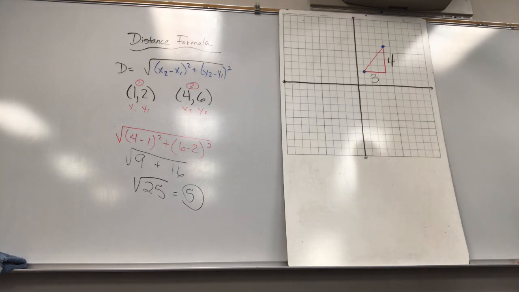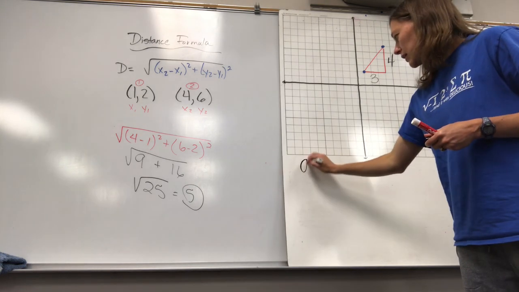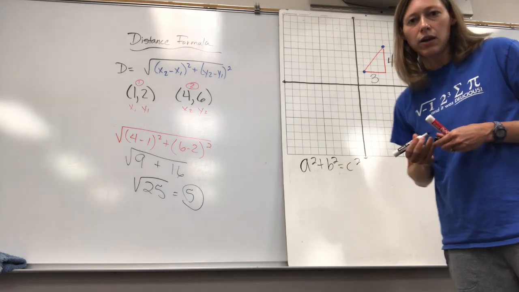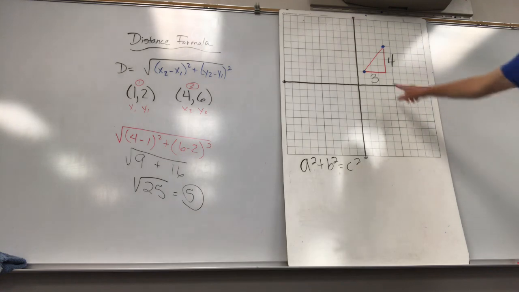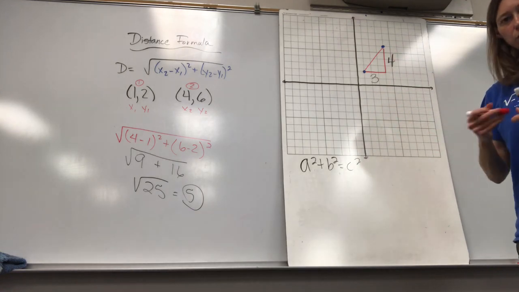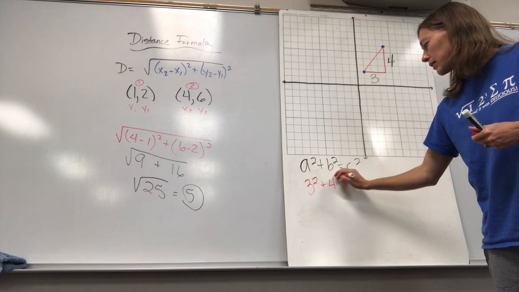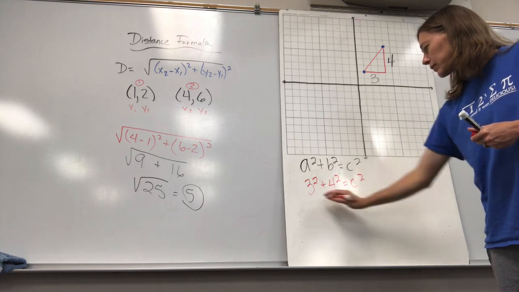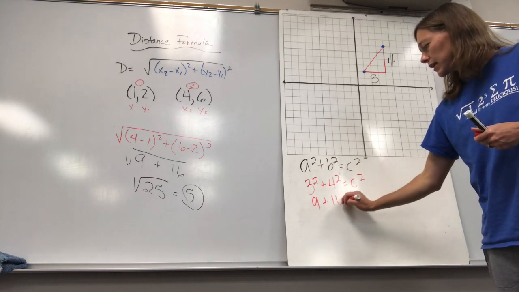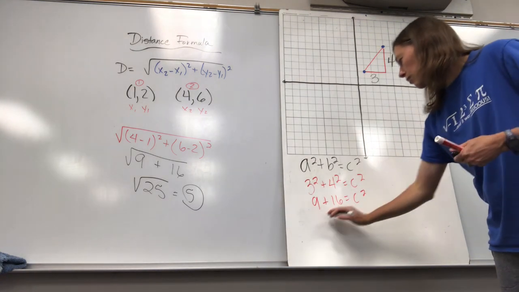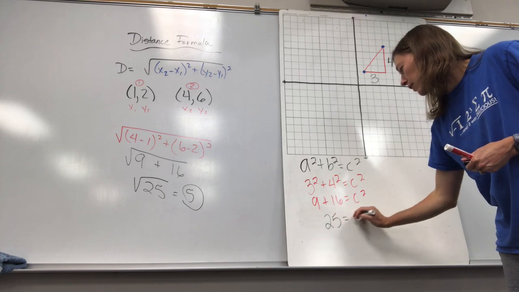Okay, and the Pythagorean theorem you learned last year is a squared plus b squared equals c squared, right? Okay, and a and b, those are the legs, and the c is the hypotenuse. So I'm going to go 3 squared plus 4 squared equals c squared, or 9 plus 16 equals c squared, or 25 equals c squared.